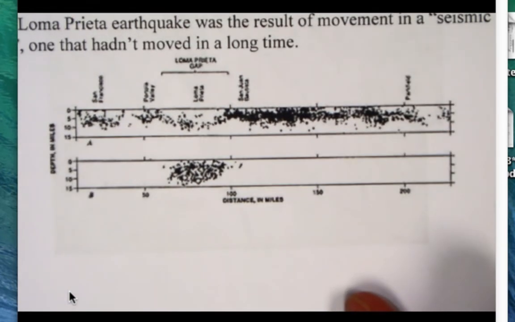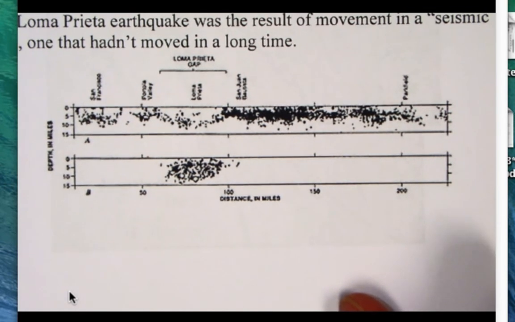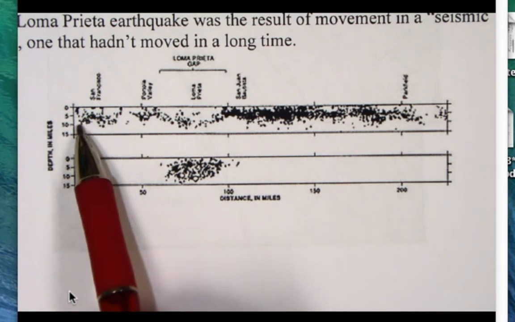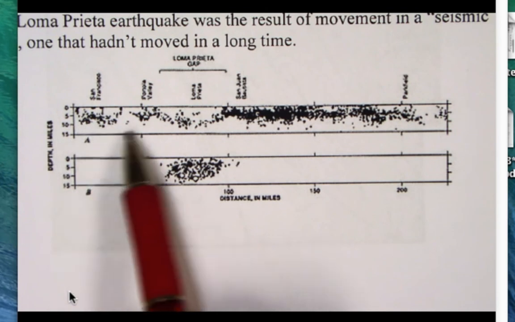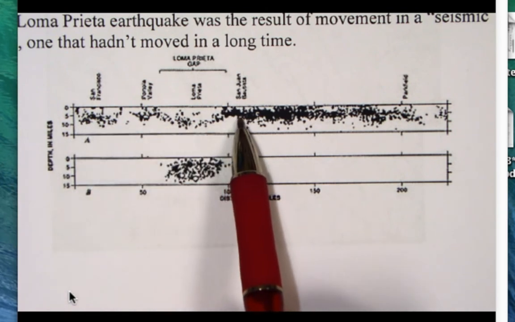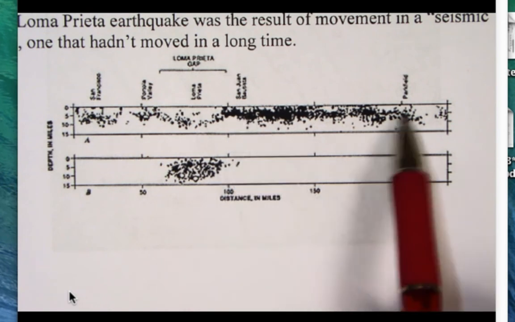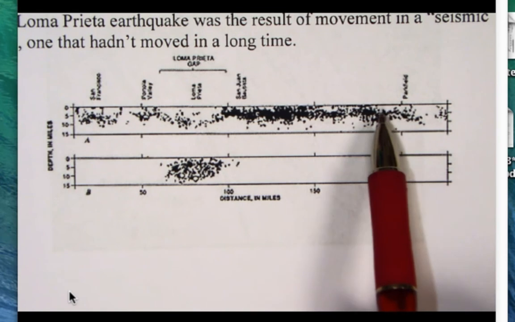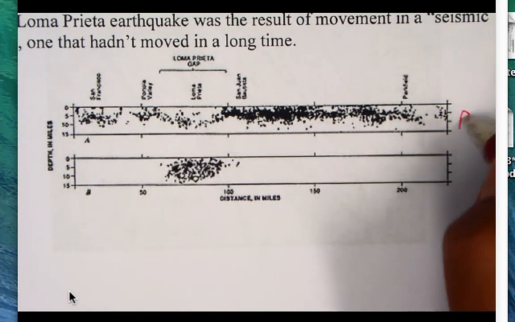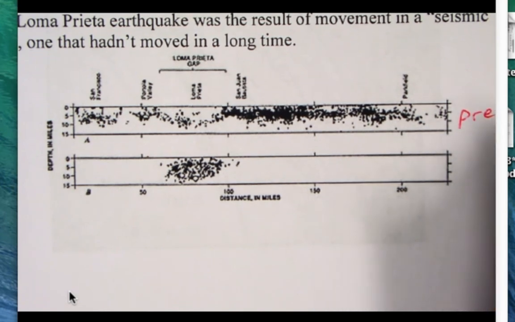This is a cross-sectional hypocenter or focal depth chart going from San Francisco south through the Santa Cruz Mountains. San Juan Bautista would be right here. Parkfield is over here. Note that on this diagram, the top one is pre-1989.